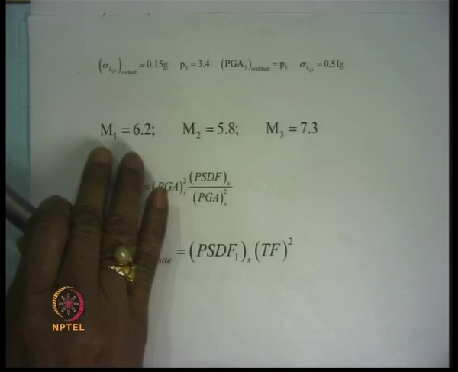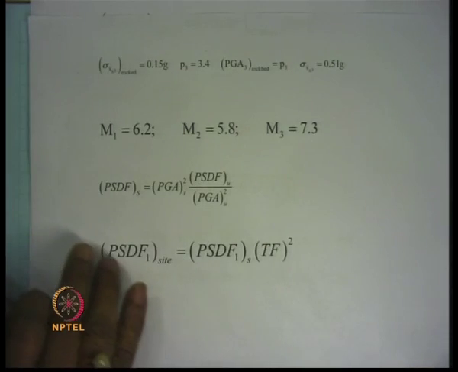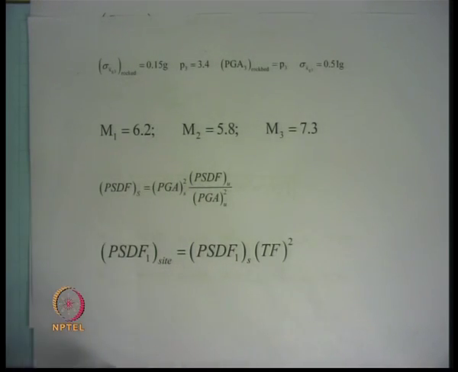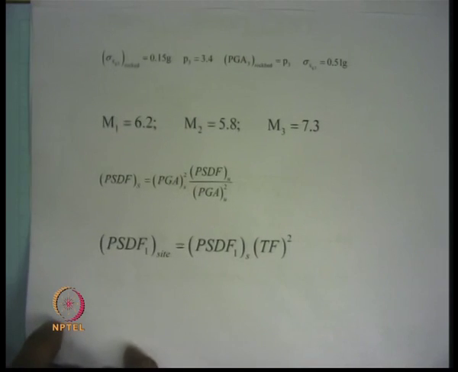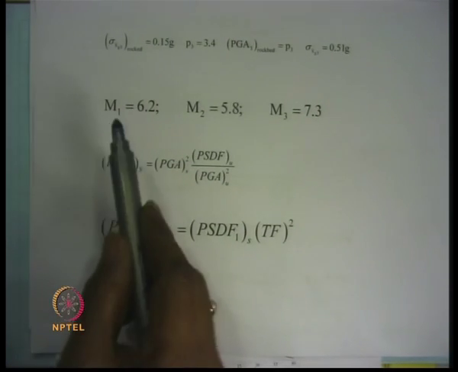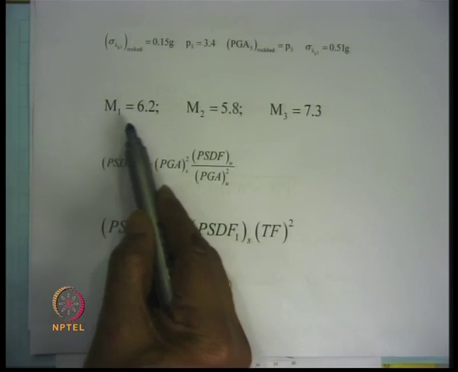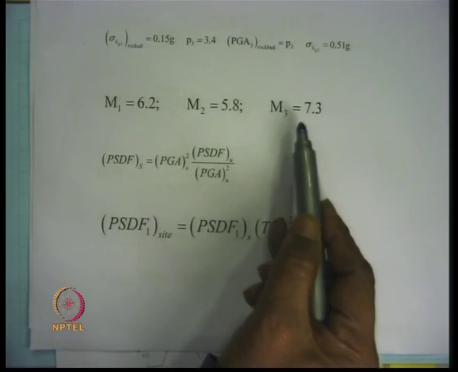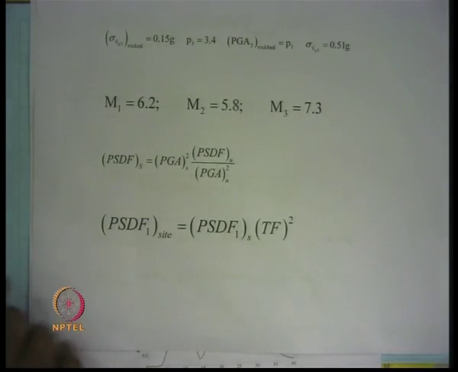So, these magnitudes of the 3 sites for which the ground motion power spectral density functions were available are now calculated, that is M1 is equal to 6.2, M2 was found to be 5.8 and M3 was found to be 7.3.